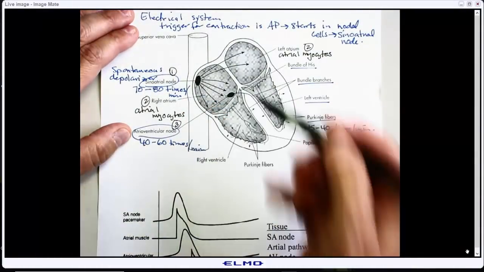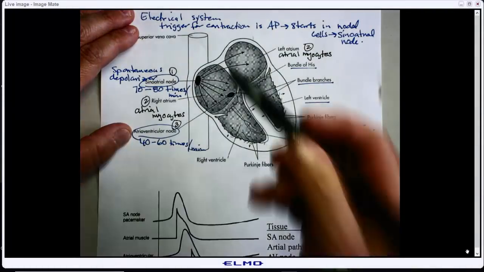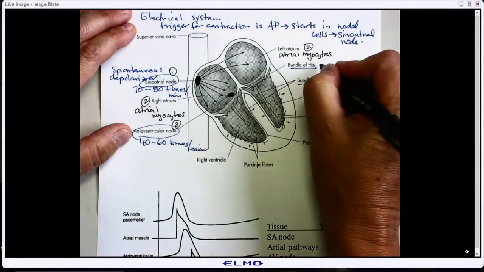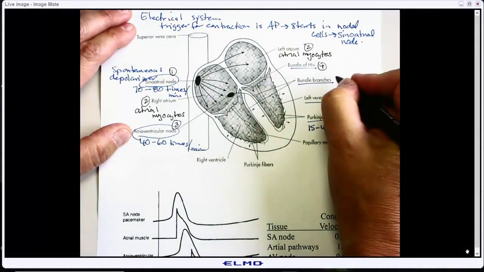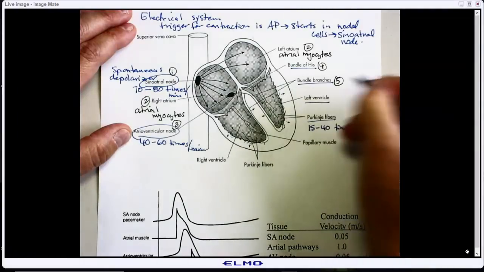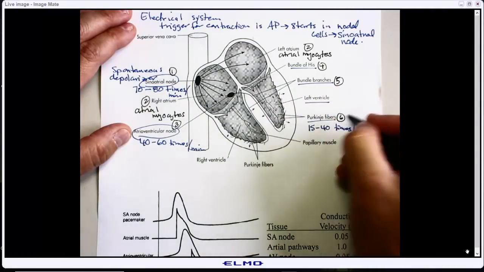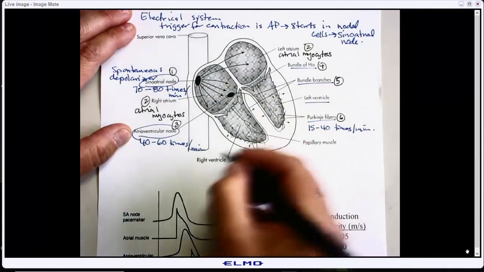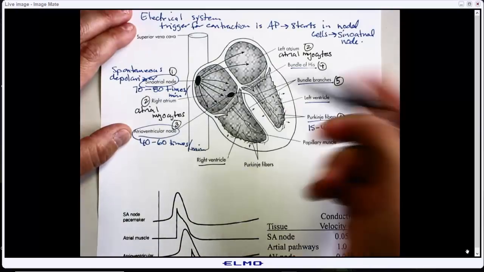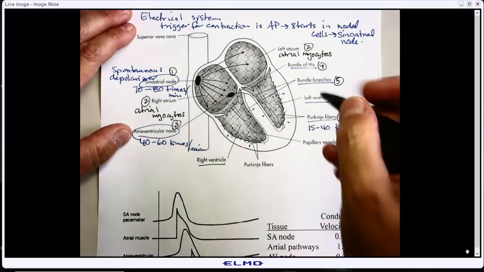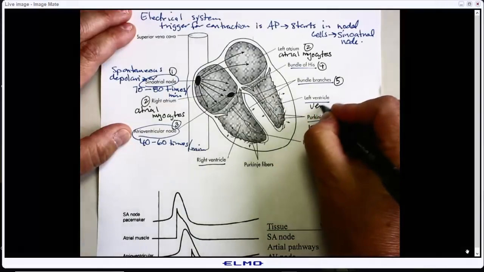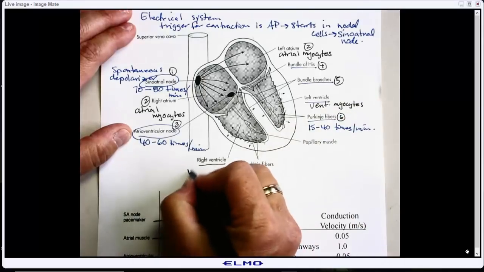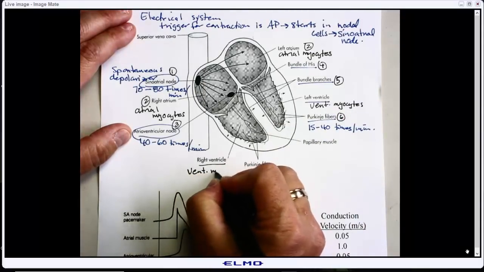So we would then see the depolarization and an action potential in the AV node. The AV node is then electrically connected to the bundle of His, then the bundle branches, and then the Purkinje fibers, and then the Purkinje fibers are electrically connected to the left and the right ventricle, and very specifically ventricular myocytes in both the left and the right ventricle.